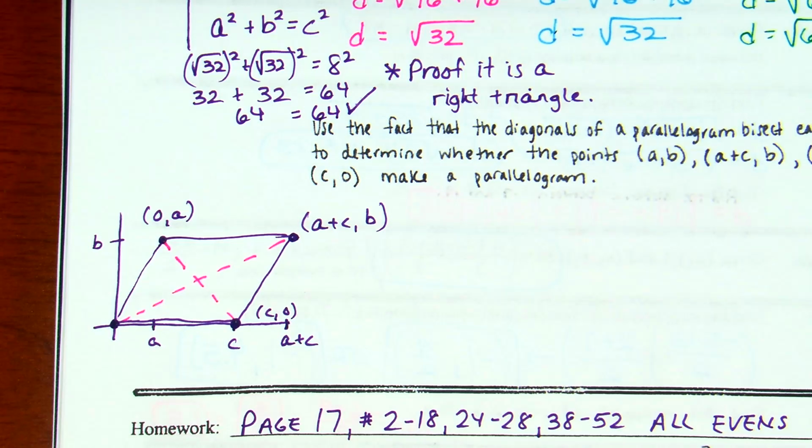How do I show that those diagonals cut each other in half? This is where I say think about formulas you learned yesterday on the front half. What can we use to show that these diagonals are going to cut each other in half?